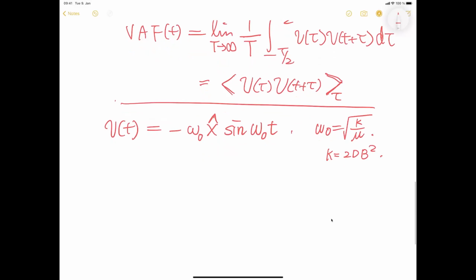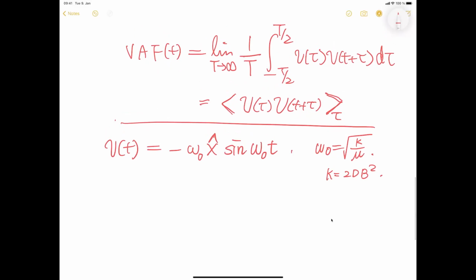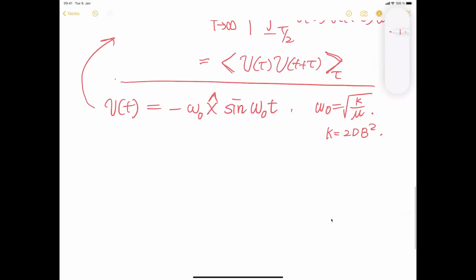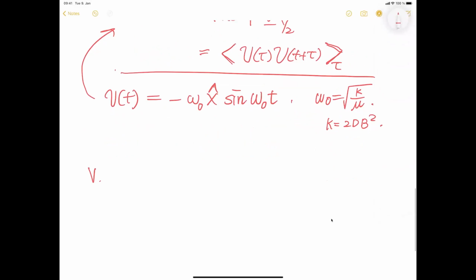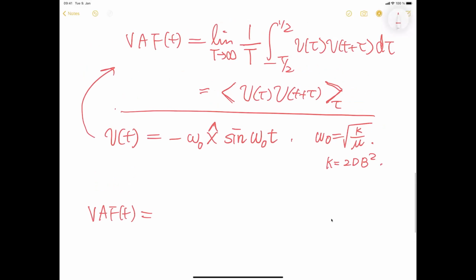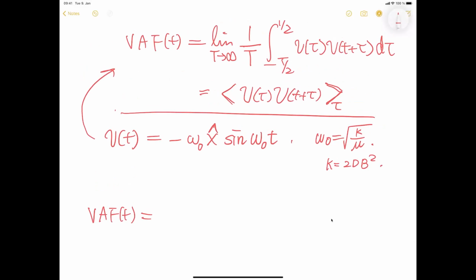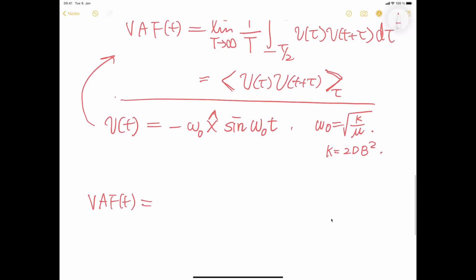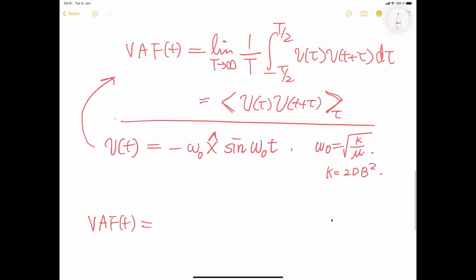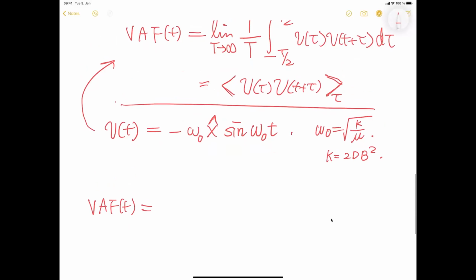Good. So now what we need to do is plug this v of t into the velocity autocorrelation function. So v af of t is nothing but, we can take out this omega 0 prefactor from the integral. Here we have v of tau and v of t plus tau.